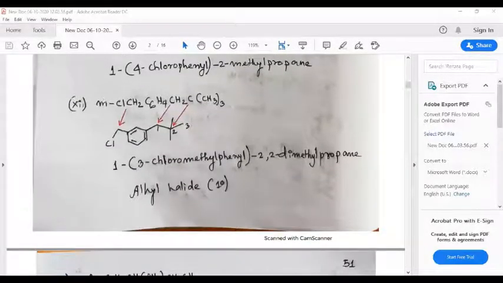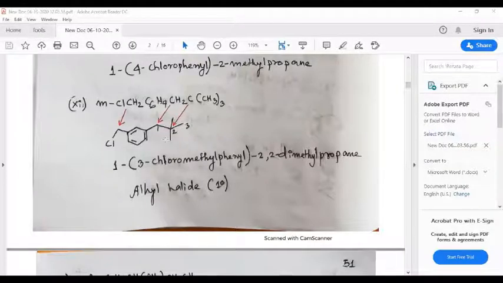Then m stands for meta, ClCH2 C6H4 CH2 C CH3 thrice. C6H4 is for benzene ring, and in the benzene ring there is meta ClCH2. So this CH2 is this CH2, then chlorine, it becomes chloromethyl. Then this carbon is this one, this carbon is this one. To this carbon there are 3 methyl groups.